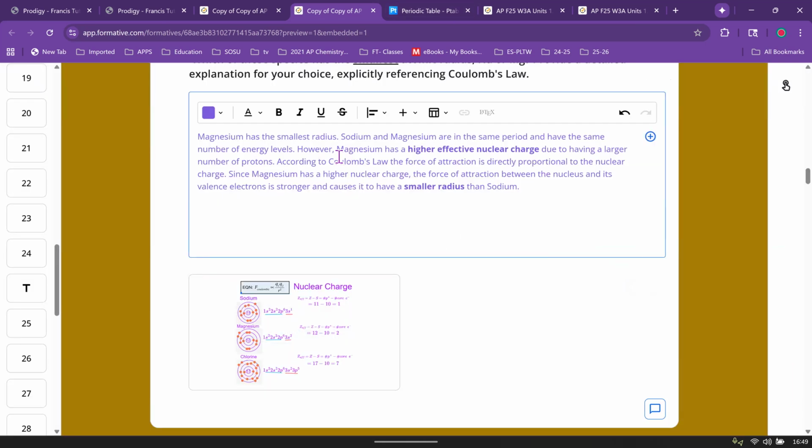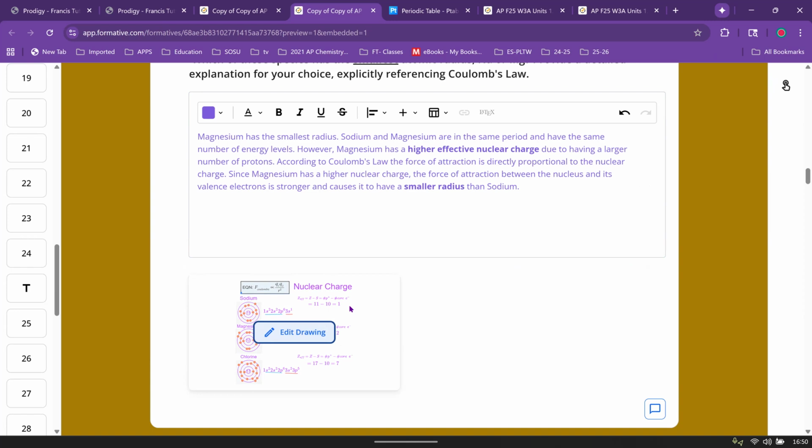And so, however, magnesium has a higher effective nuclear charge due to having a larger number of protons. According to Coulomb's law, the force of attraction is directly proportional to the nuclear charge. So we see the effective nuclear charge in magnesium is greater than in sodium, so we know the force of attraction between the valence electrons and the nucleus is greater.